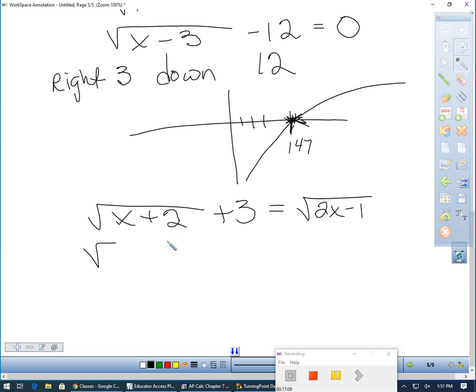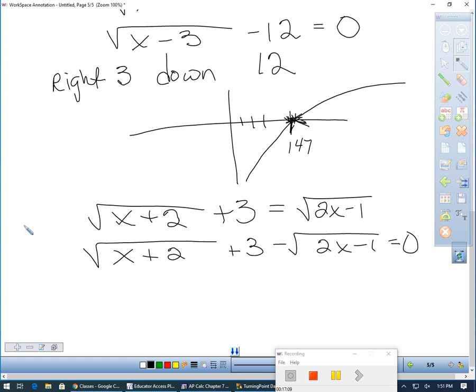You can rewrite this as the square root of x plus 2 plus 3 minus the square root of 2x minus 1 equals 0. Remember when we did this algebraically and you had to square it twice and go through the whole process? This you can put in your calculator and actually find out where it crosses the x-axis. Understand that's another option, and that's what I want you to learn.